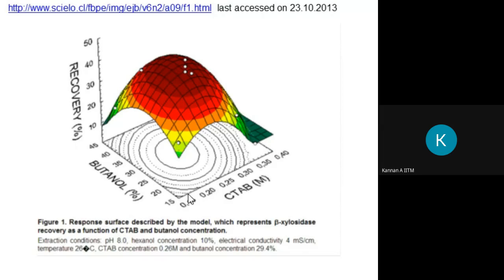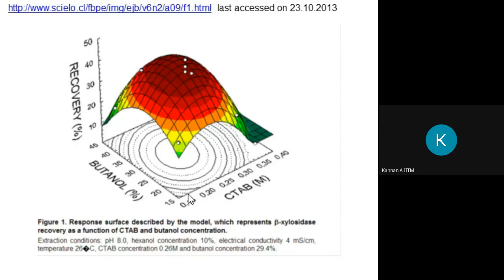So when two variables are there, they can either be independent, they can be interacting, and if they interact, they can interact in a positive way or a synergetic interaction, or they can interact in a negative way or an antagonistic interaction.